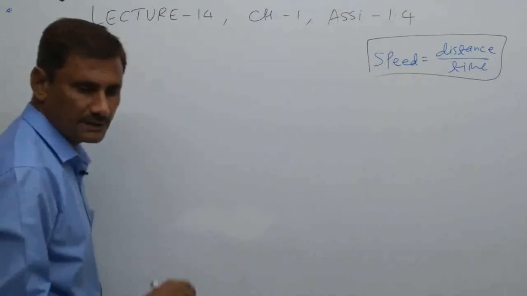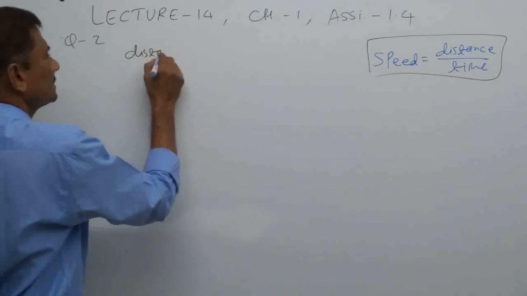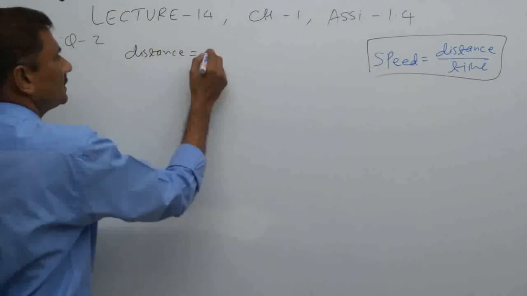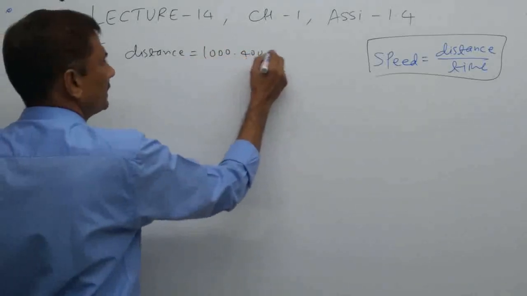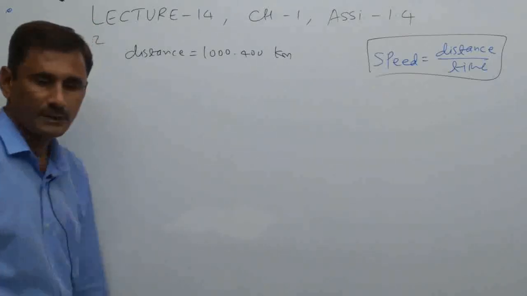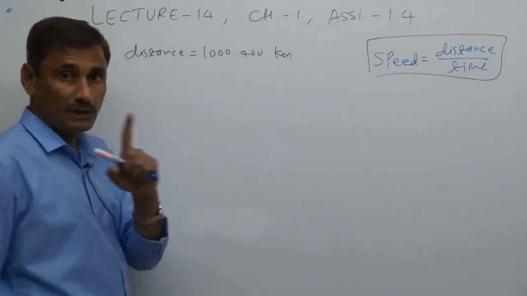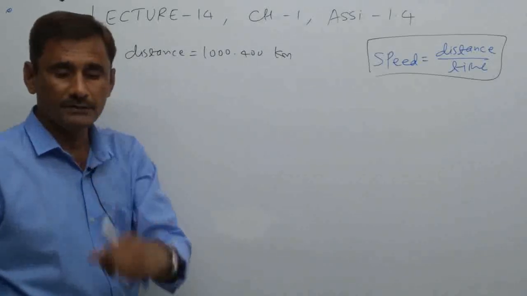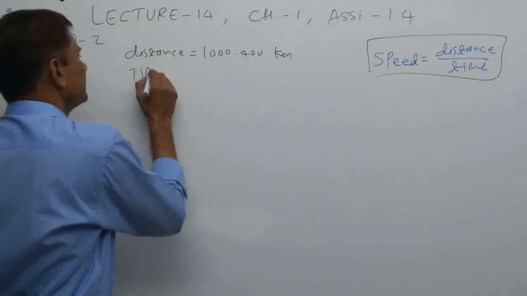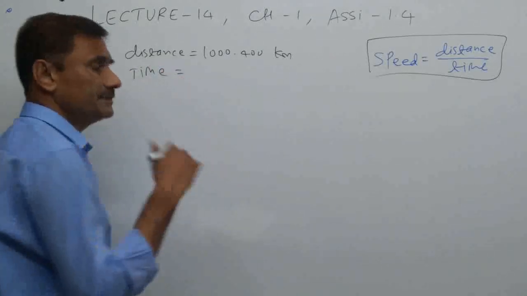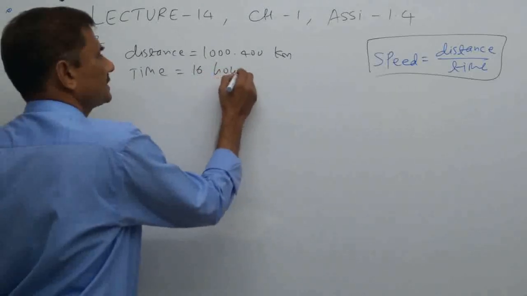So here you can write distance equal to 1000.400 kilometer. Okay, I just converted into kilometer. How to convert, you studied everything about that at primary level. And time is 16 hours. Why? Because 15 and half plus half. So write directly here 16 hours.